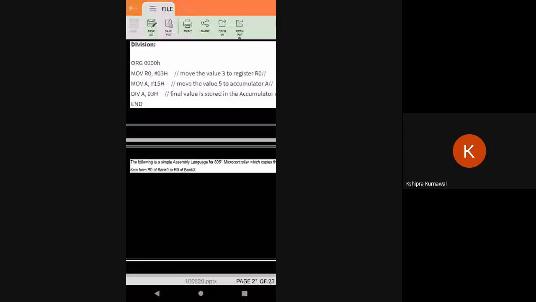This is the task for you of writing a code in 8051. Don't feel that it is hard, it's an easy one. If you have noted down the earlier programs, the same program we have taken already, and you have to copy paste it once again.